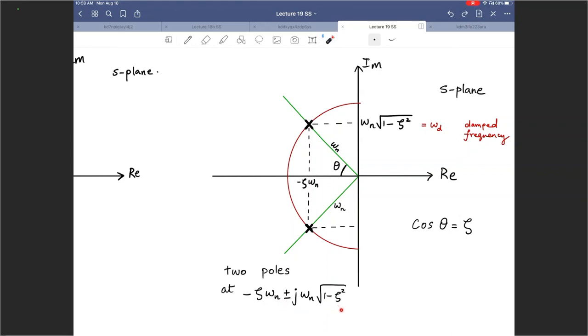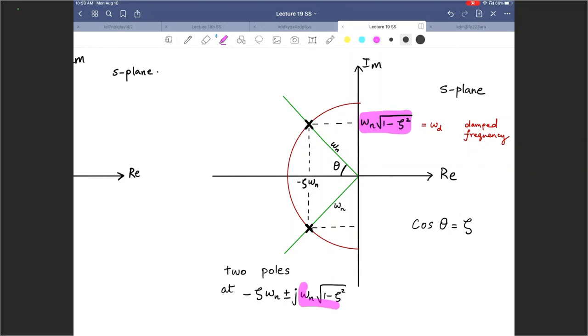Those are two general complex conjugate poles of the second order system, right? Marked here and here. The distance from the origin is omega n, the natural frequency. However, if you look at the y value for that pole, it is actually omega n square root of 1 minus zeta squared.